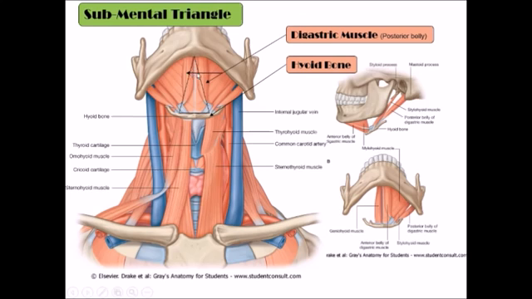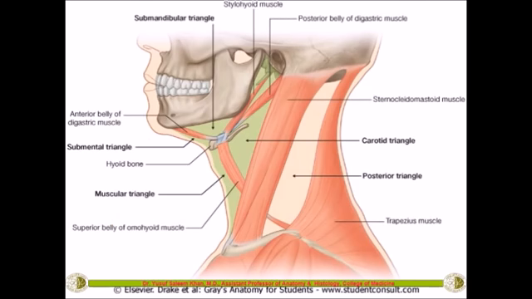Okay, so this is about all the triangles and some of the contents, not all the contents, which can be remembered just by the name or from the boundaries. So now it is much easier to remember all these boundaries and the contents. All you have to remember is two lines: the anterior midline, and the imaginary line drawn from the angle of the mandible to the mastoid process.